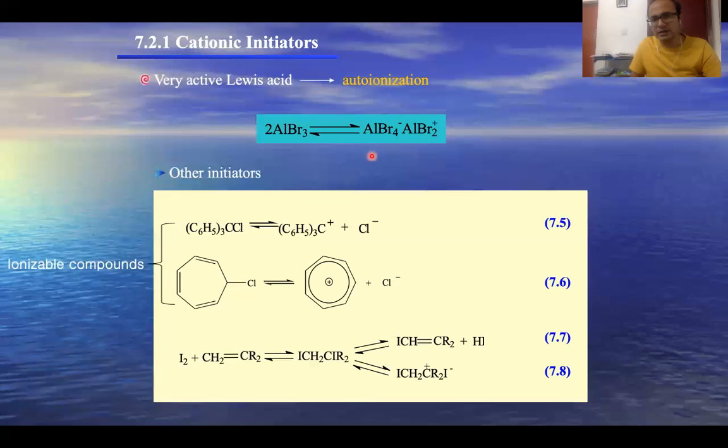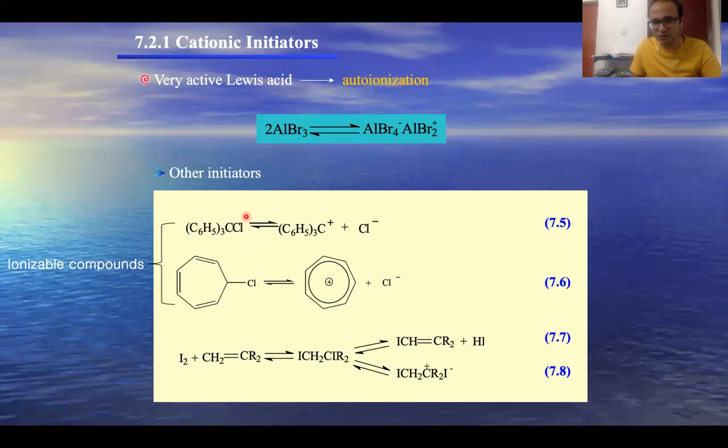So these cationic species and anionic species are generated as a result of auto ionization. So this is another initiator which can be used for cationic polymerization.